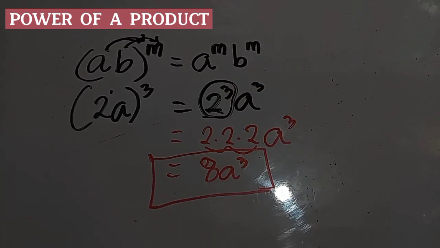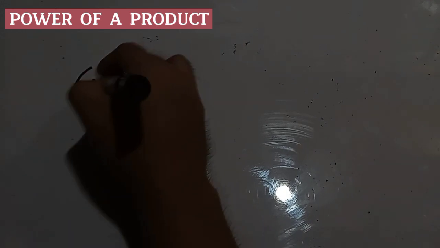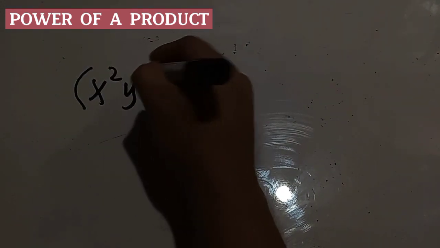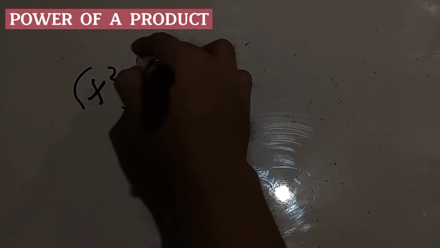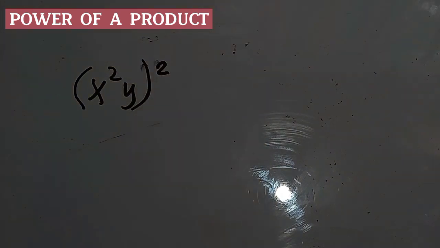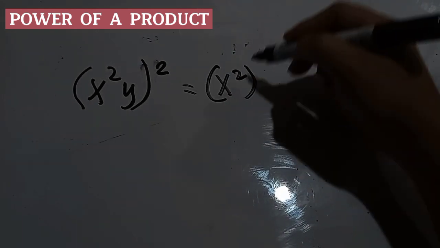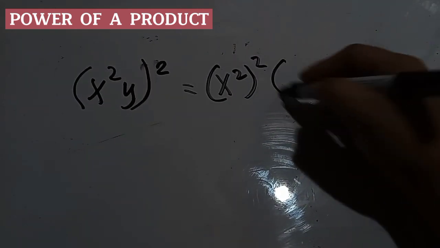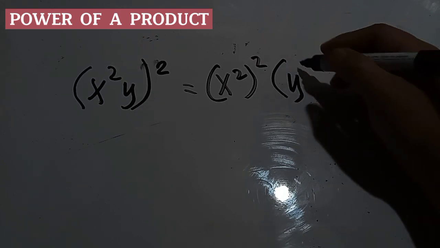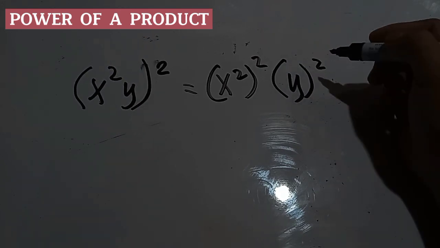Another example. Meron tayong x squared y squared, or rather (x squared y) squared, like that. So we have, i-multiply lang natin, so magiging x squared times squared. Alright, next is y times, ayan, y times squared. Okay, equal.